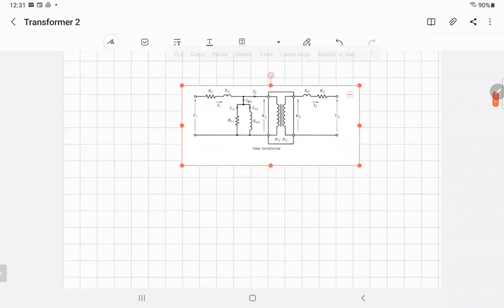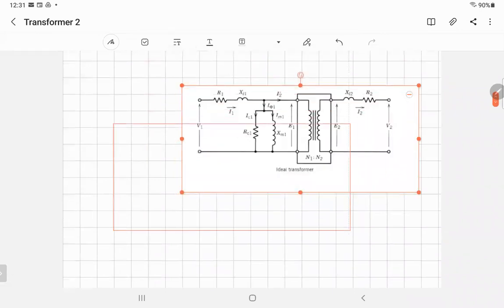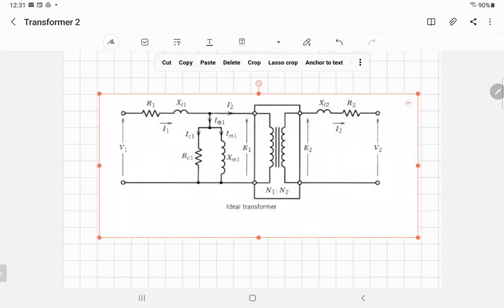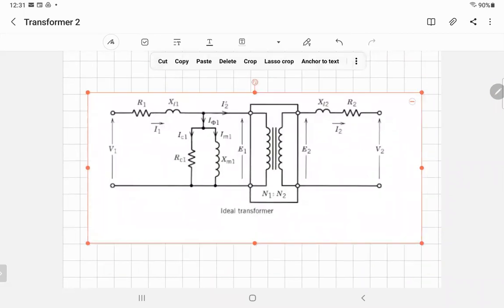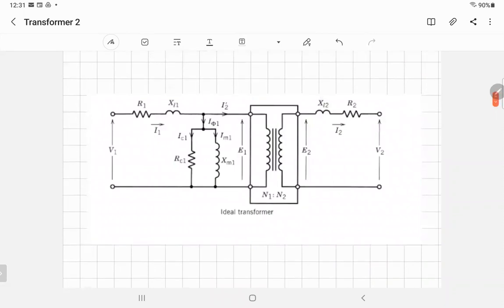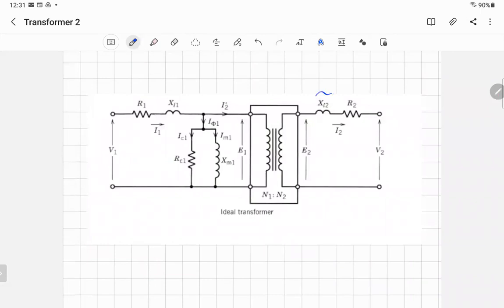Let's make it bigger. What you see in front of you here is what we did. That's Z2, you can say the winding 2, and that's Z1. The branch in the middle has two elements, as you observe.